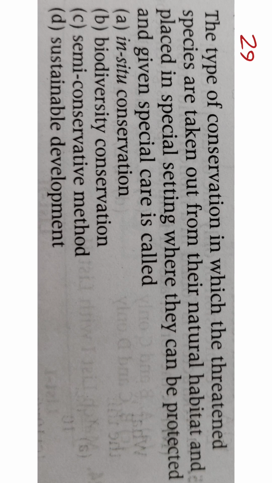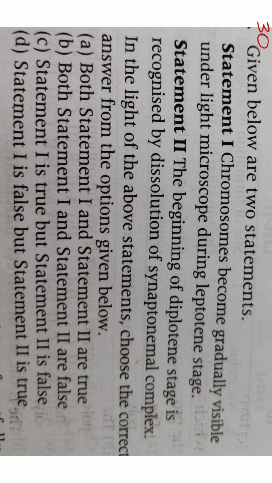Question 29. The type of conservation in which the threatened species are taken out from their natural habitat and placed in special setting where they can be protected and given special care is called? The answer is biodiversity conservation. Question 30. Given below are two statements. Statement 1.